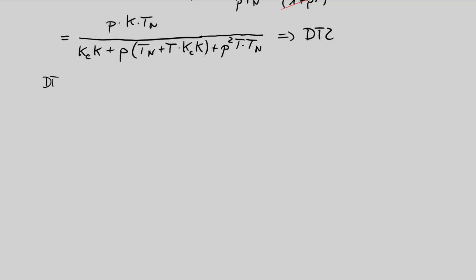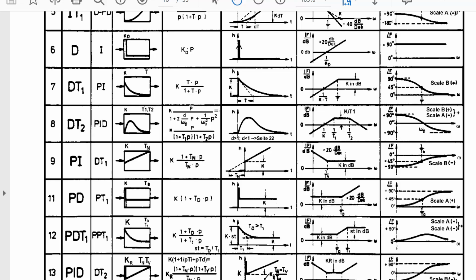What we can see is that the dt2 has the following step response. dt2 step response from workbook, page 16, row 8. Row 8 is, yeah, the step response has a maximum and goes back to 0.